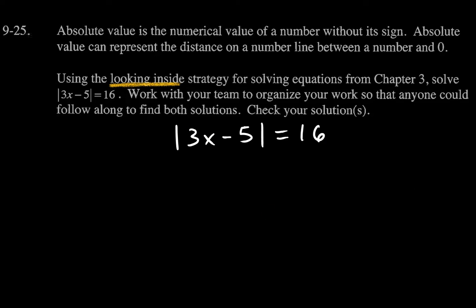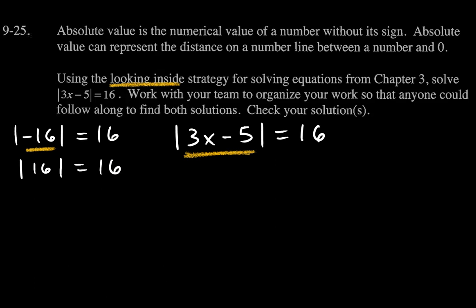So that thing inside can either be negative 16, because if the 3x minus 5 was negative 16, that would give me 16 for an answer. And also, this thing inside could be positive 16, because if this was 16, then the 3x minus 5 would be 16.